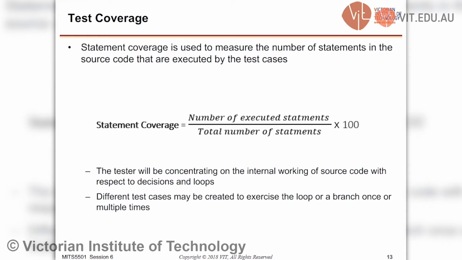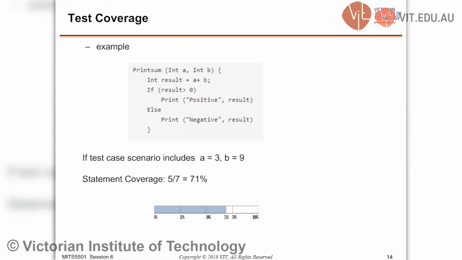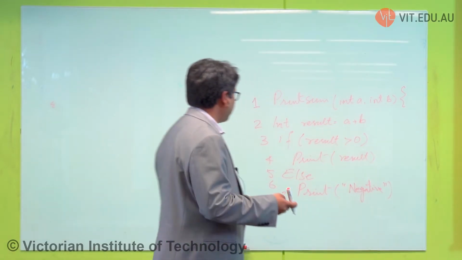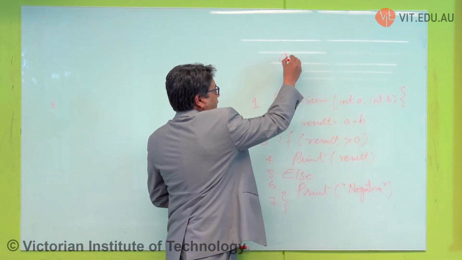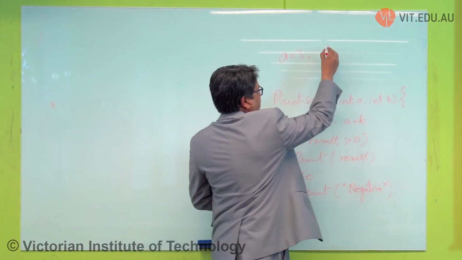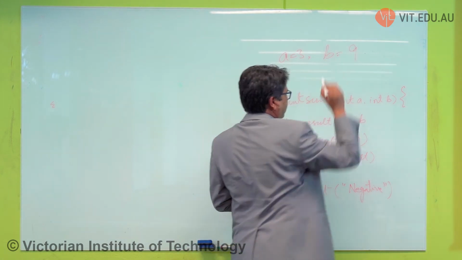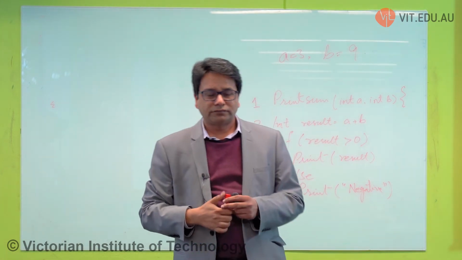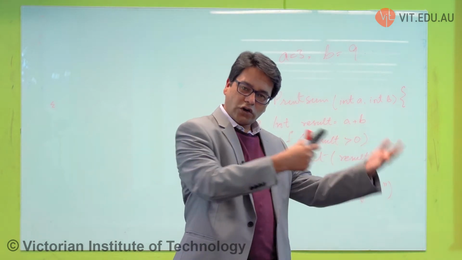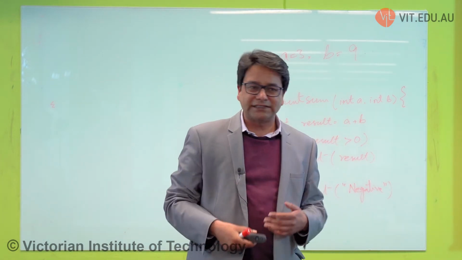So for looking at the coverage test, for example, I wrote a test case and my data is A equal to 3, B equal to say 9. Now let's walk through the program, how it would execute.